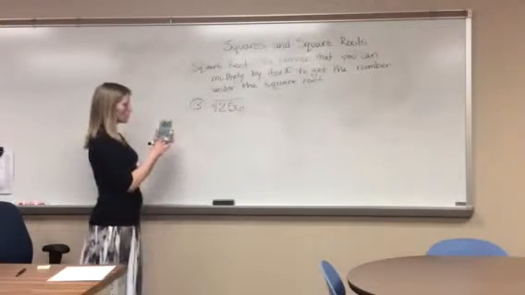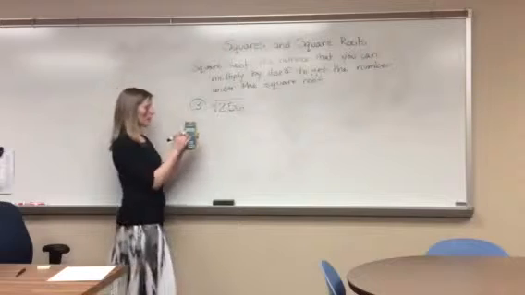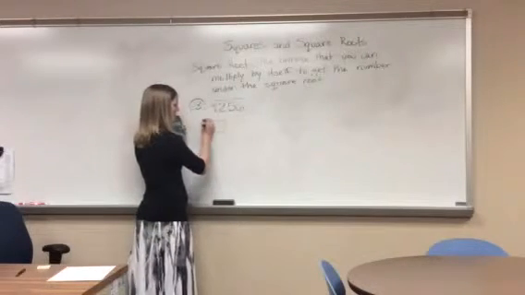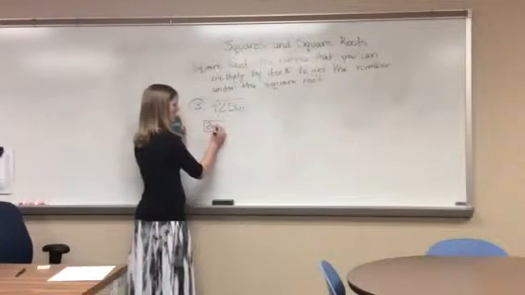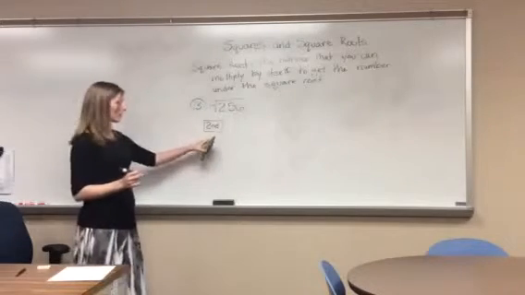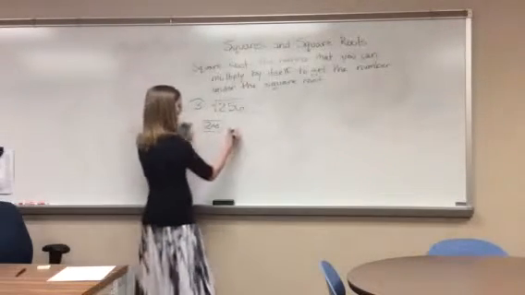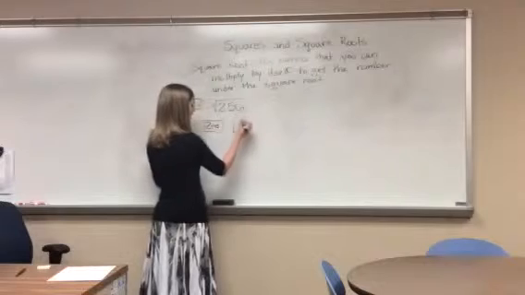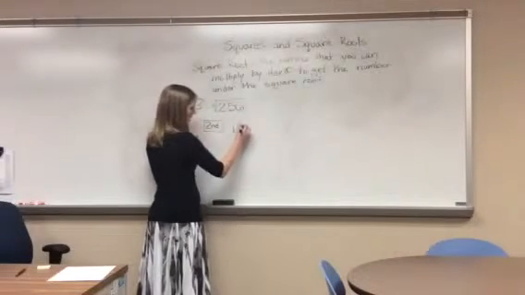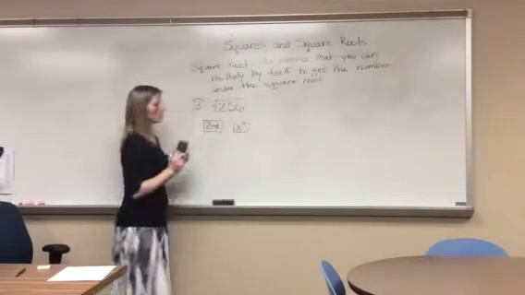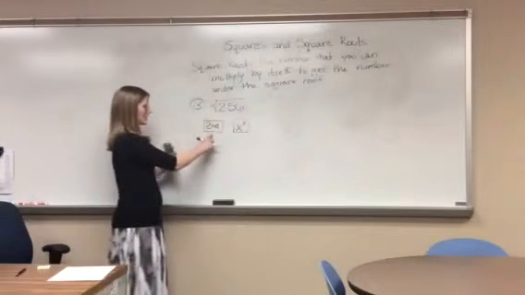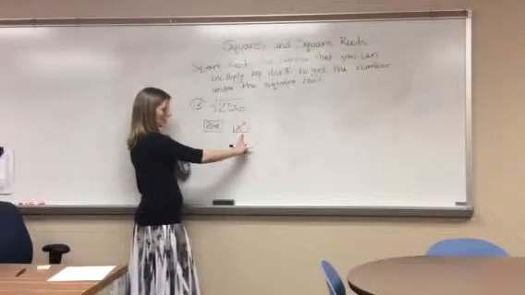Okay? So, to do that, there is a green button at the top of the calculator that says second. You're going to hit that button first, just one time, and then there's a button along the left-hand side that looks like this, an X and then to the power of 2. So you're going to hit the second button and then the X to the second button.